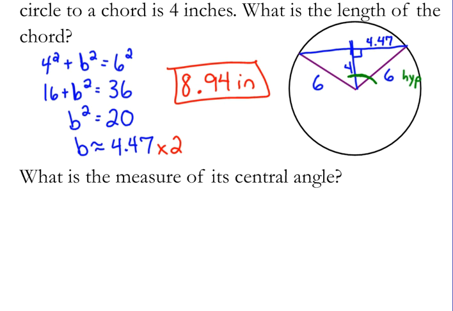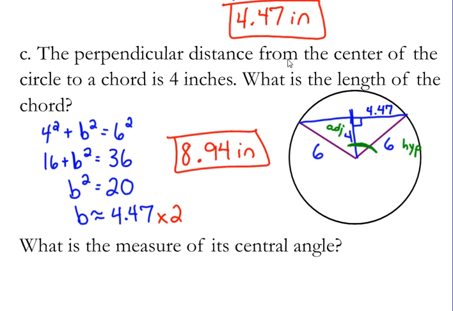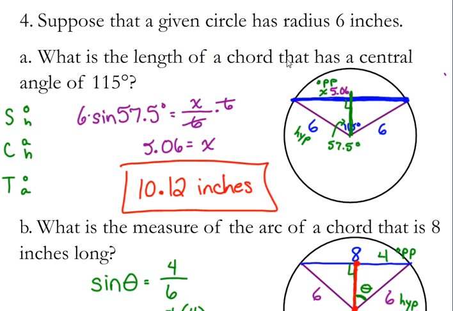Remember, if we make this angle symbol bigger, the other side that it touches besides the hypotenuse is the adjacent. So which trig function's adjacent and hypotenuse? Let me scroll up to where I had it written down. Which one's adjacent and hypotenuse? Cosine.